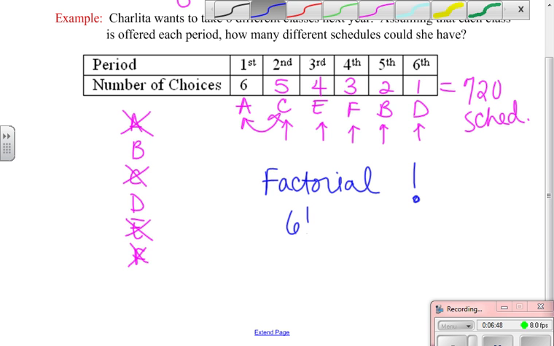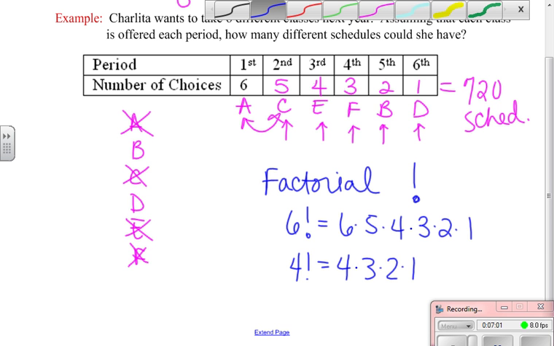So if you say 6 factorial, that really means take 6 times 5 times 4 times 3 times 2 times 1. If you take 4 factorial, it means take 4 times 3 times 2 times 1. And there is a button for that on your calculator, and it's an operation just like addition or subtraction. And that is another way to do dependent events where you have one less option each time. That is the end of the 12.1 lesson.